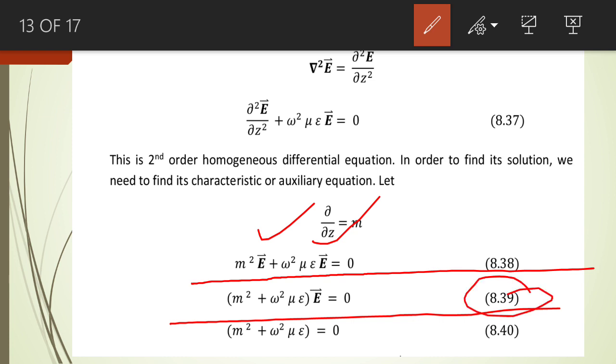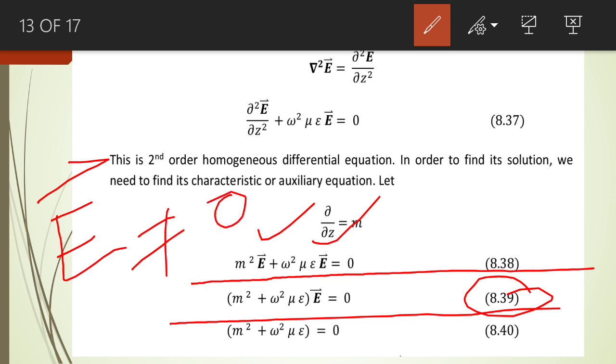If we focus on equation number 8.39, the product of two terms is 0. So either the first term or the second term will be equal to 0. The electric field intensity of the wave is not equal to 0. Why? Because it represents the existence of the wave in the lossless medium.